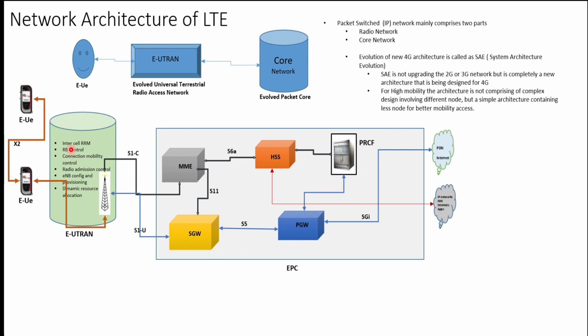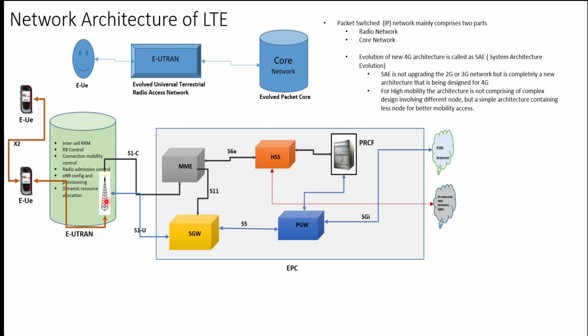One is intercell RRM, RB control, connection mobility control, radio admission control, eNode B configuration and provisioning, and dynamic resource allocation. So EUTRAN takes care of resource allocation and eNode B configuration and provisioning along with the other network elements. eNode B is nothing but an evolved node.